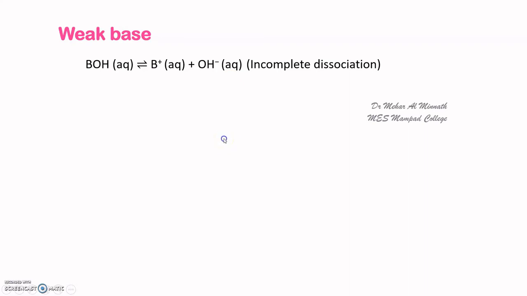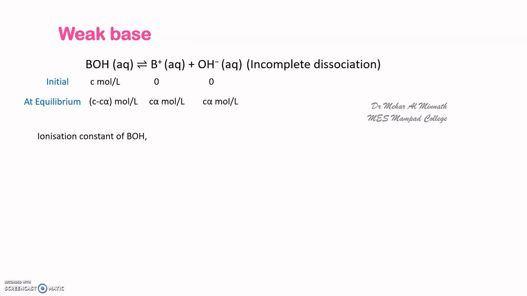Let the initial concentration of the base be C moles per liter, and that of B+ and OH- will be 0 initially because no ionization will have happened. At equilibrium, if alpha is the degree of dissociation, then the concentration of BOH will be C minus C alpha, and the concentrations of B+ and OH- will each be C alpha. That much amount of ionization would have happened.